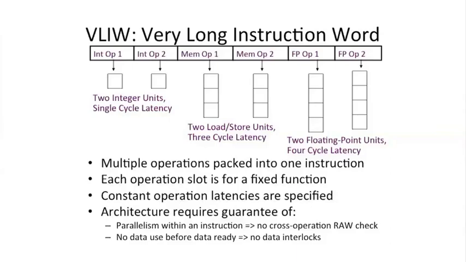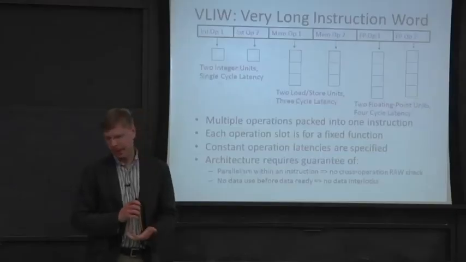Or there was a project out of University of Texas in Austin, which tried to schedule across something that looked like cores, but wasn't quite cores. That was, we'll call a super VLIW, but had some dynamic aspects and some static aspects. But for right now, let's talk about very long instruction word processors.